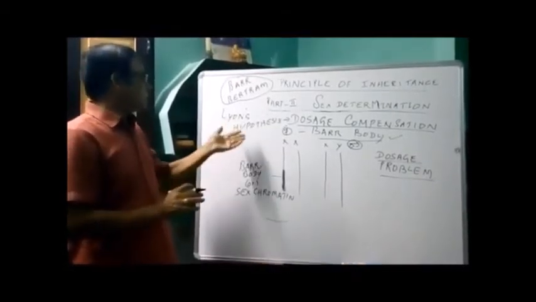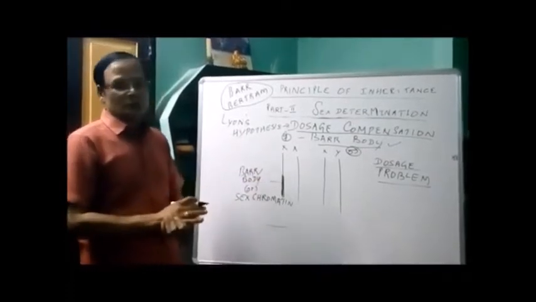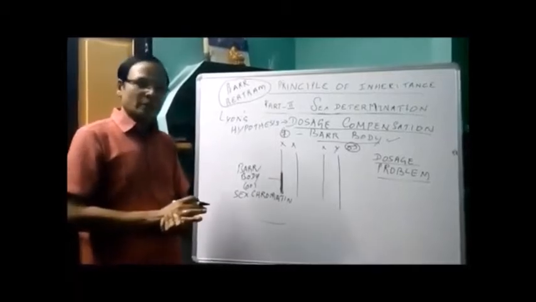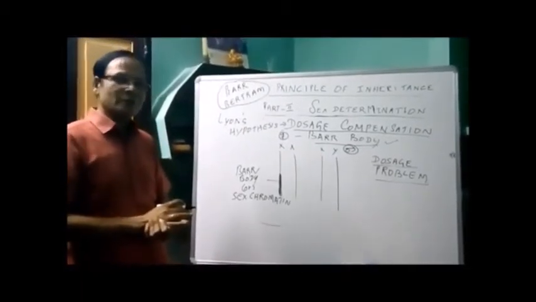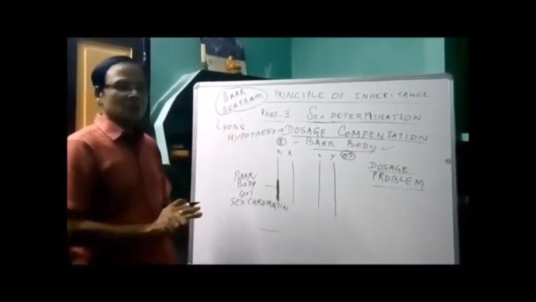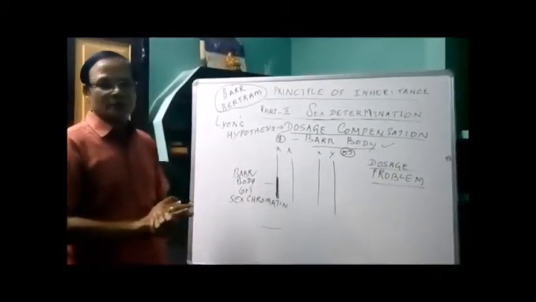So, what is Lyon's hypothesis? Inactivation of one of the X chromosomes by the presence of Barr body or sex chromatin or heterochromatin is called Lyon's hypothesis. So the Barr body inactivates the X chromosome where it is present.